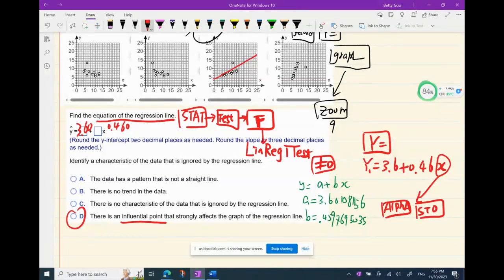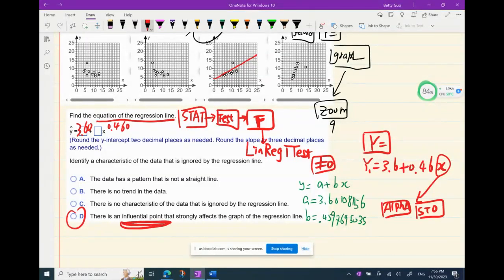Question for you. The question asks to identify a characteristic of the data that is ignored by the regression line. Of the ones available, it does appear like influential point. Do we need to know the difference between influential point versus outlier? Because I don't. Outlier is a point far away from other points, distance-wise.